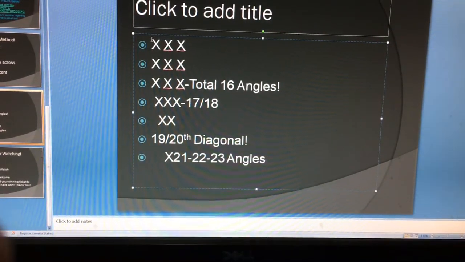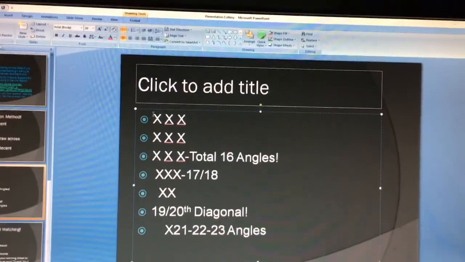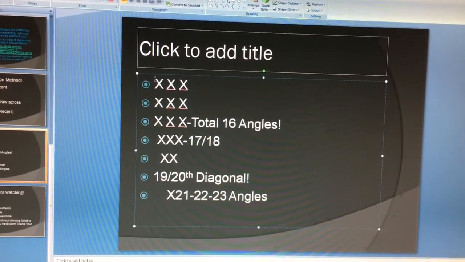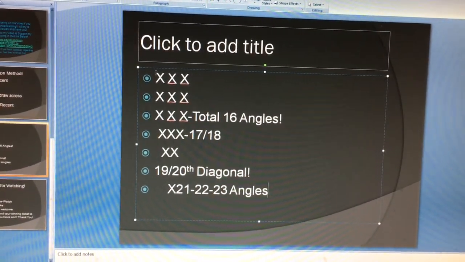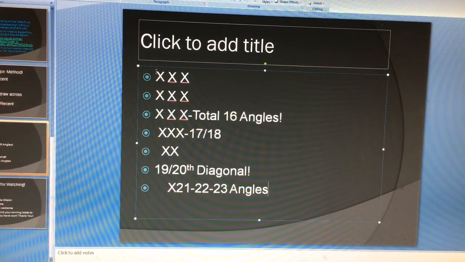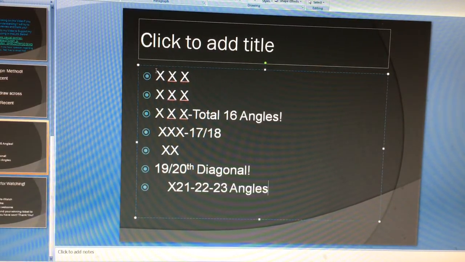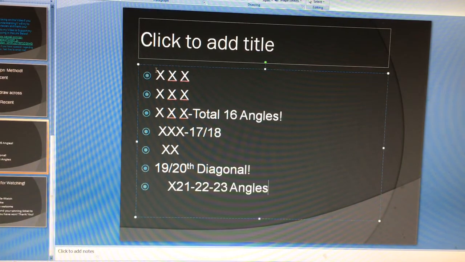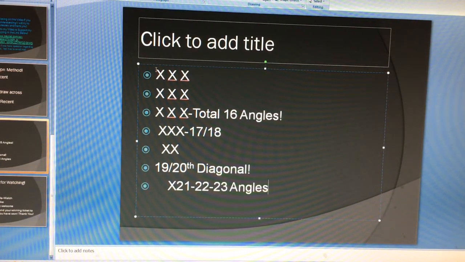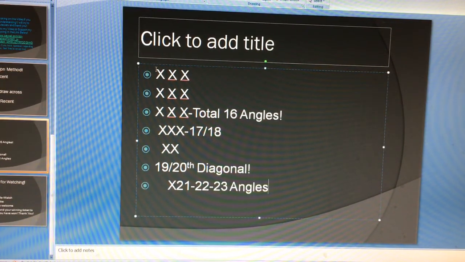So I'm using the Pentagon method. Okay, so the Pentagon method has a total of 23 angles.